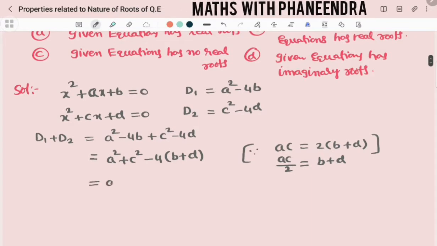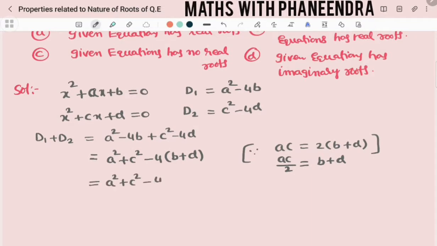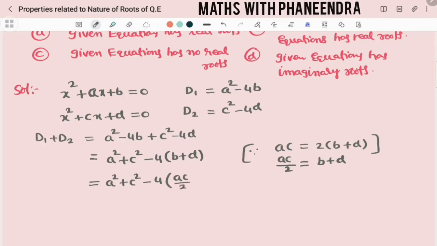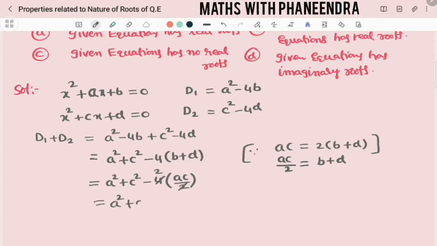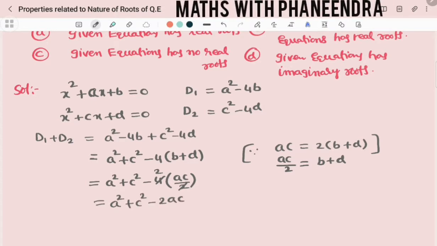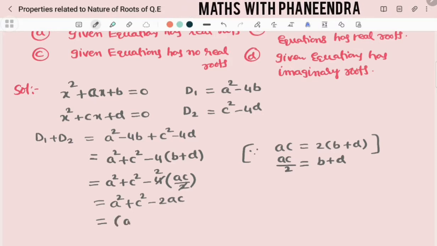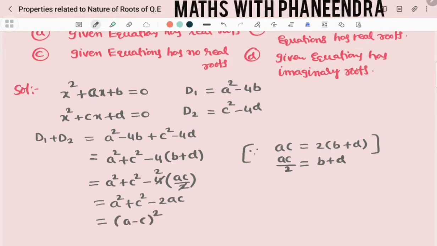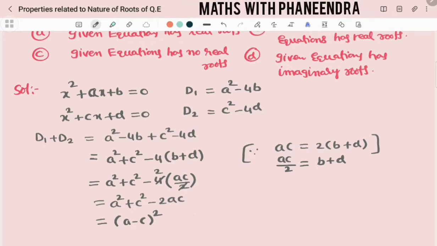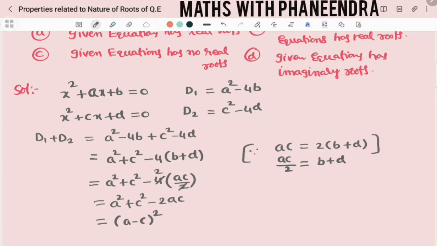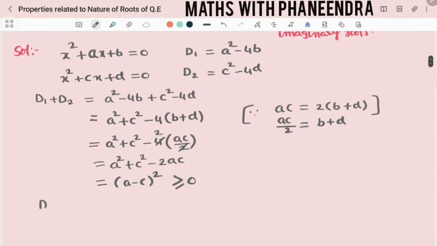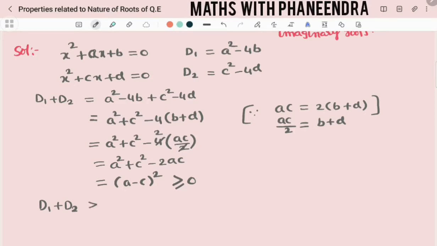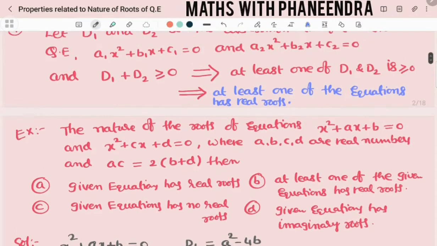Therefore, a square plus c square minus 4 into AC by 2. So 2 fours are 2 twos. A square plus c square minus 2ac. This is the expansion of a minus c whole square. Any value having the square should be greater than or equal to 0. That means d1 plus d2 is greater than or equal to 0.